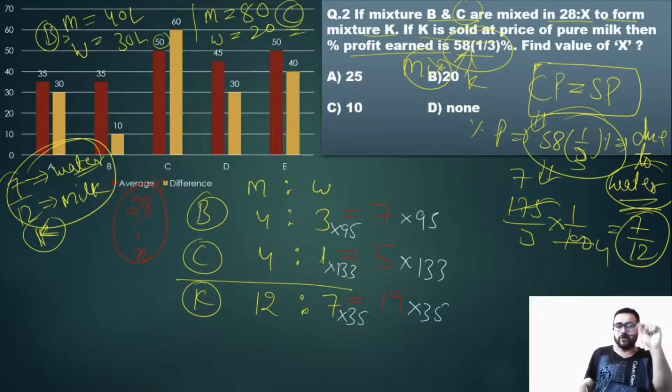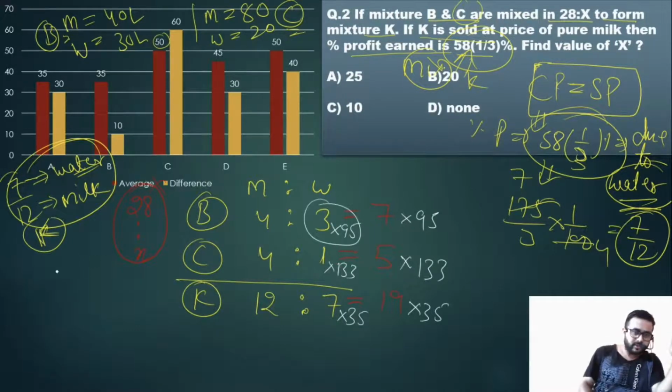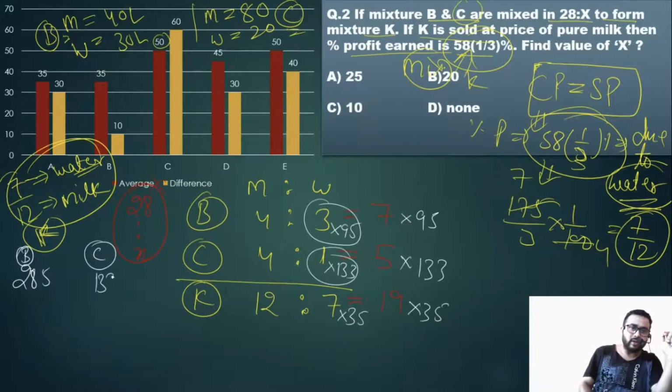Now if you want to calculate the ratio, I've already told you in alligation, in the first container you have 95 into 3. What will you get? 19 into 3 is 57, so 285. So in the B container, your quantity of water is 285. Okay, in the C container, this quantity is 133.